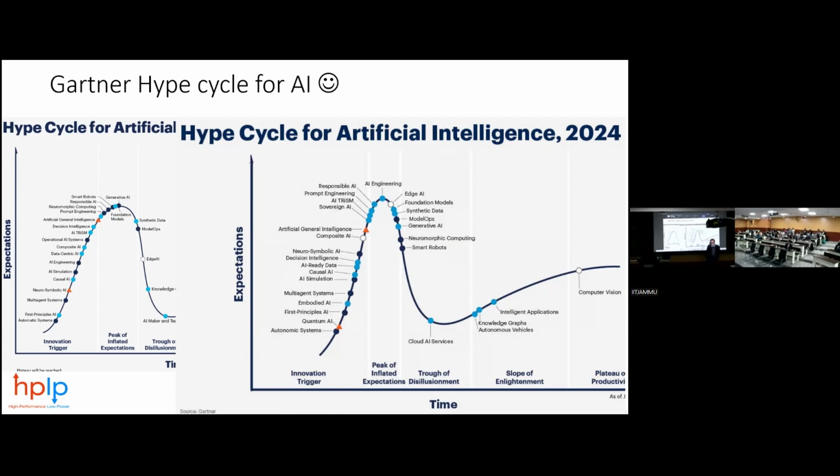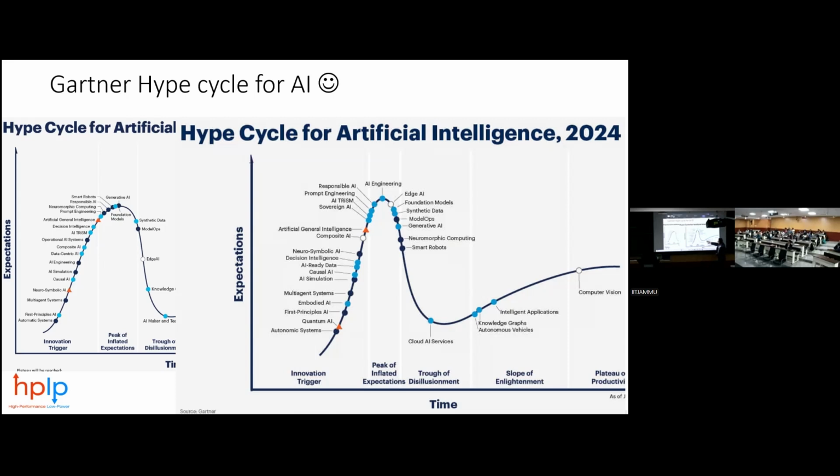So all of these are here at the peak, but you see that some of them are already kind of falling. Neuromorphic computing is kind of falling. Generative AI is kind of falling. So we'll see when they get to the bottom here. Somehow cloud AI services, for whatever reason, are here.